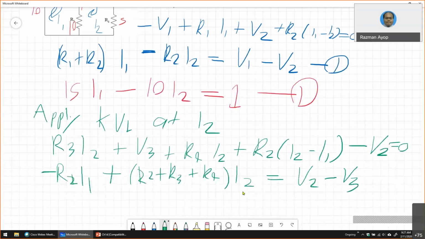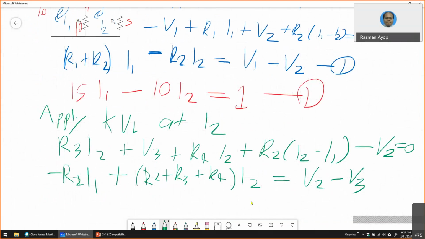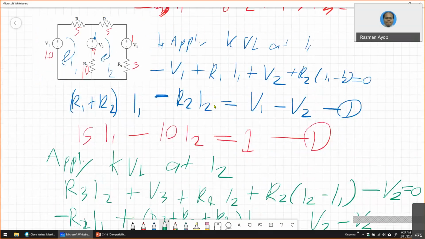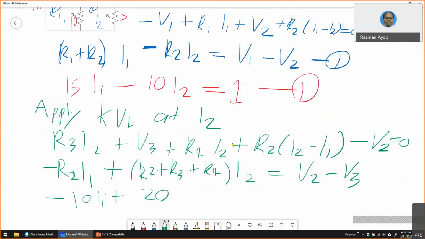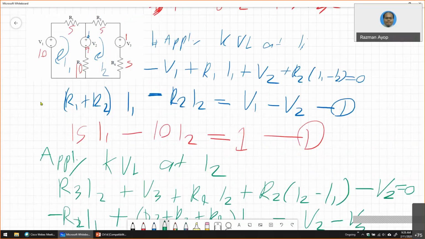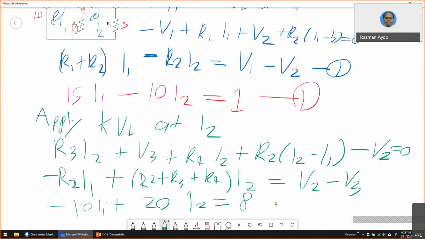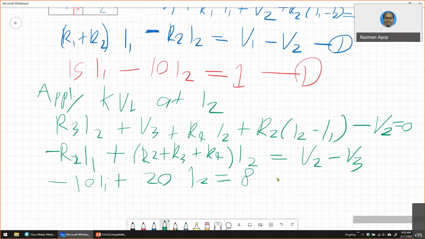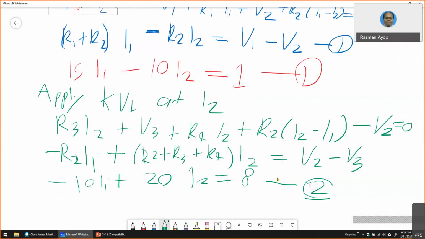Let me know if I don't rearrange it correctly. So R2 is negative 10 I1 plus R2, R3, R4, so 20. Correct? 20 I2 equals to V2 minus V3, which is 8. So you get the second simultaneous equation.